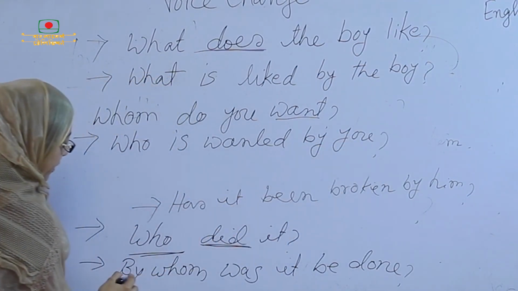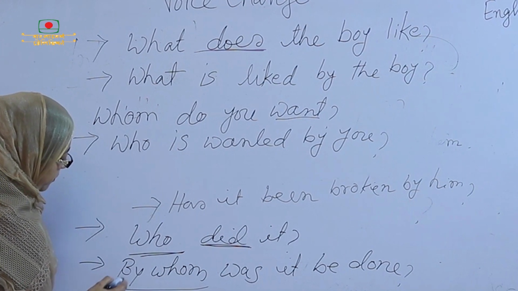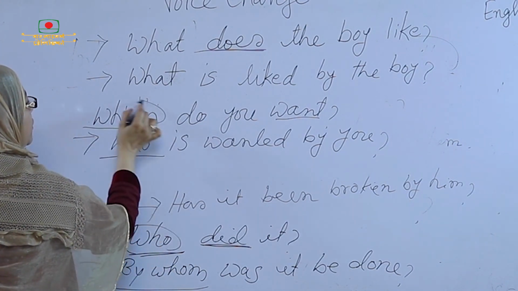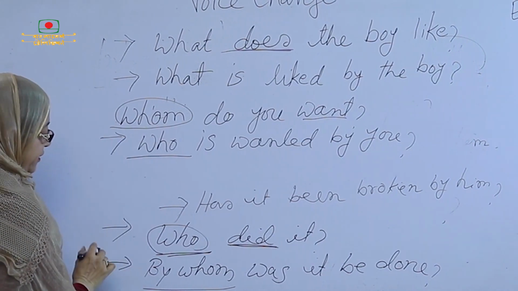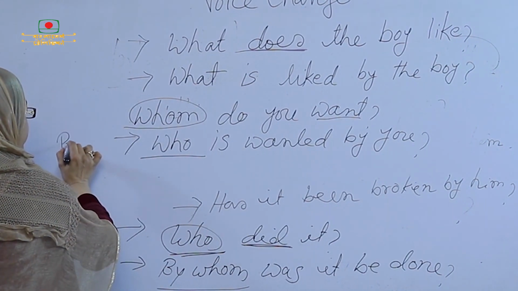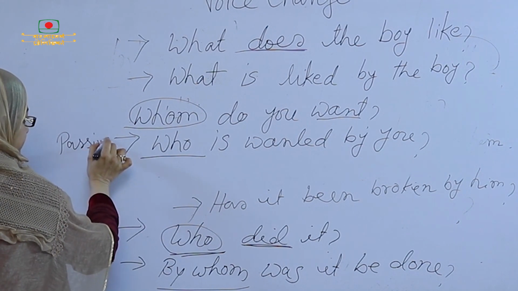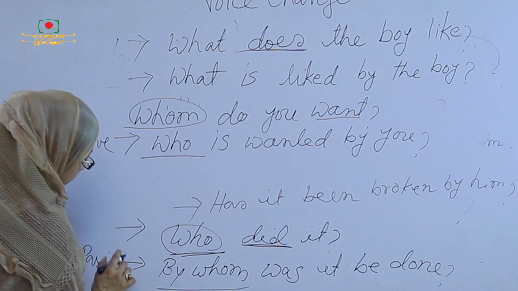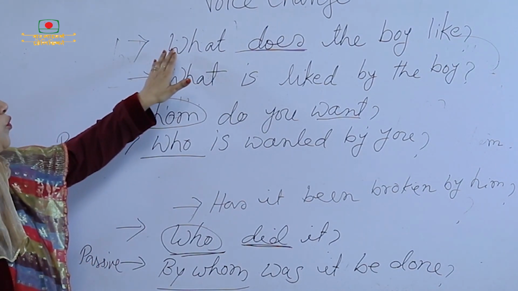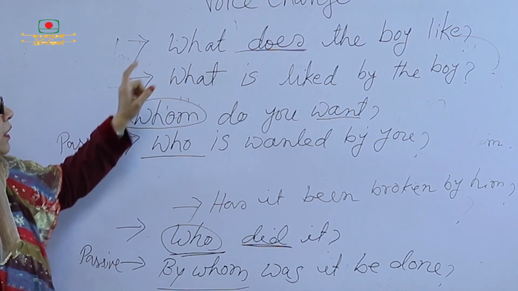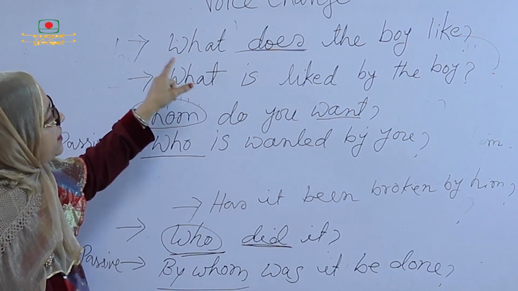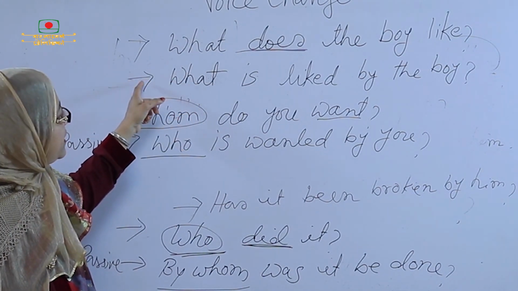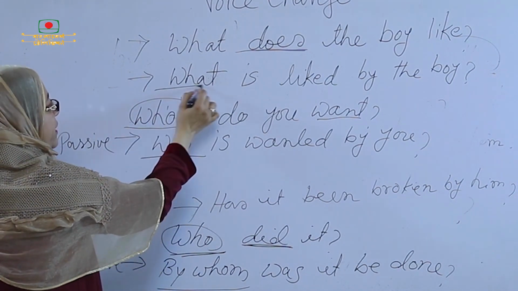So, look at the board. I use by whom instead of who, and who instead of whom, when I turn it into passive. But what: when we turn it into passive, we do not change what.